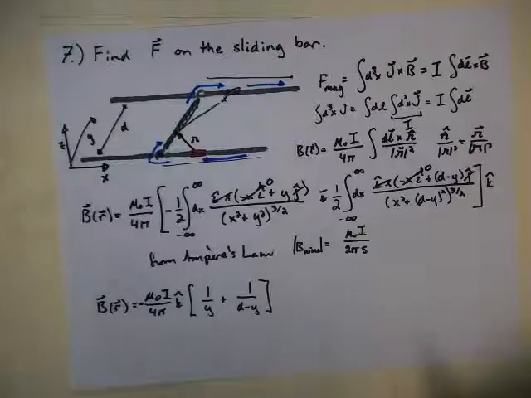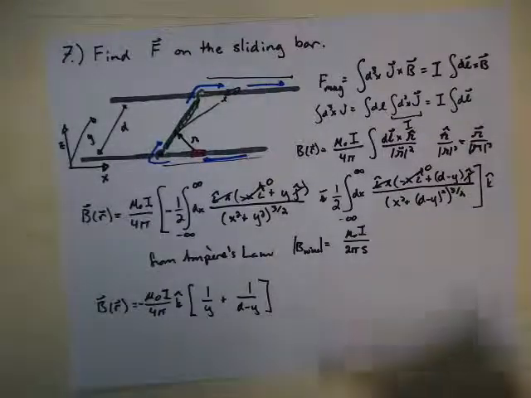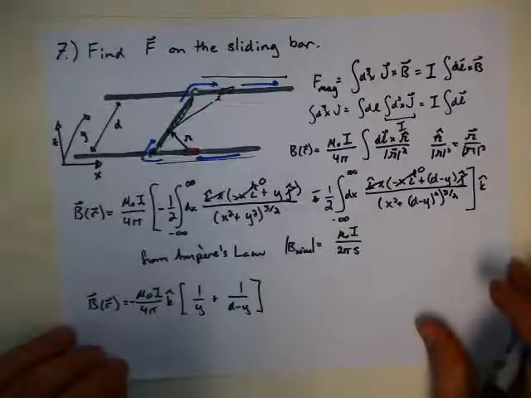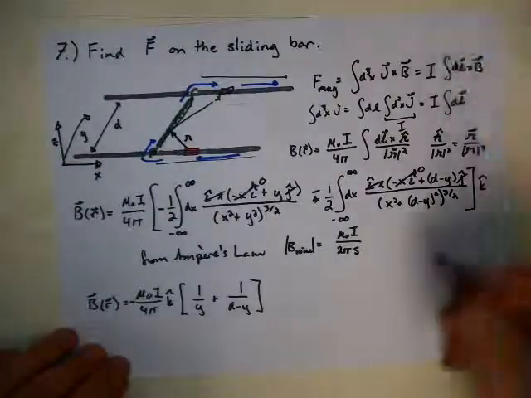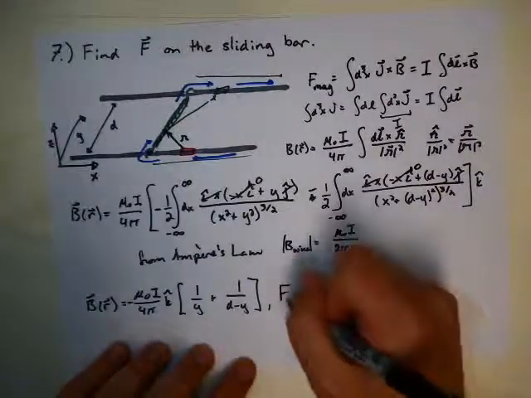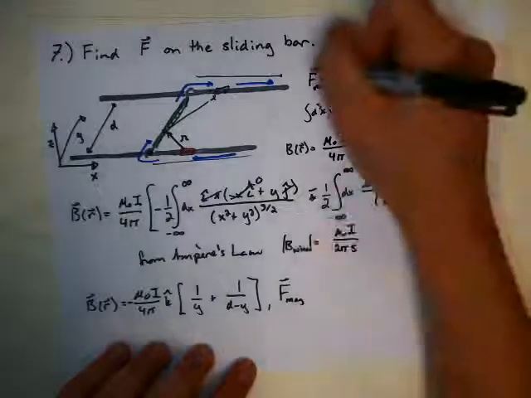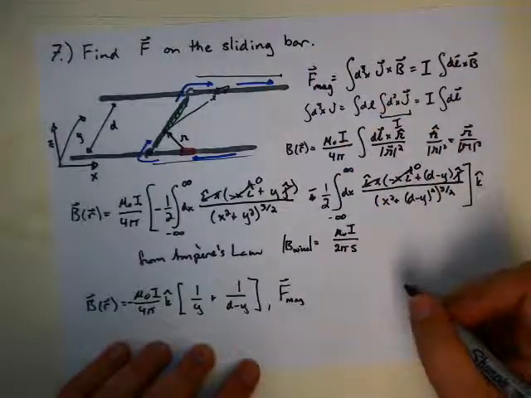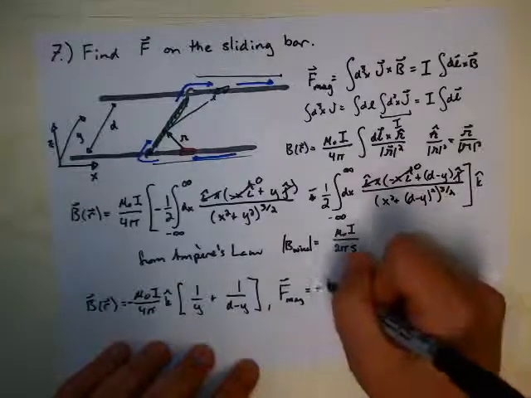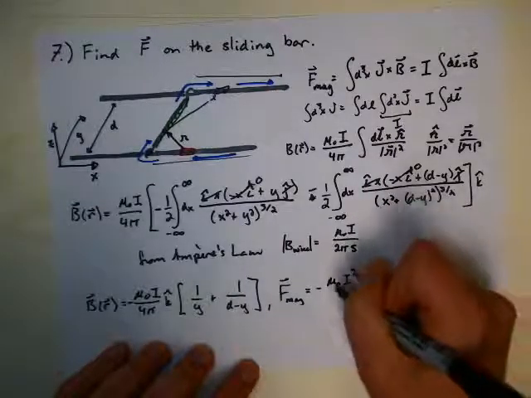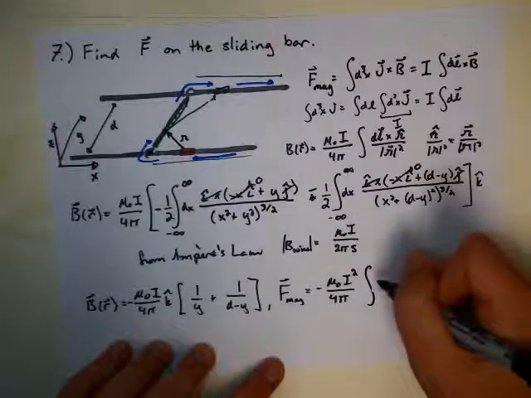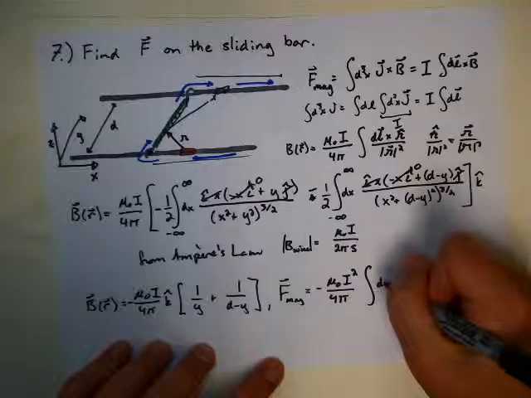And so I can evaluate these integrals, but because of symmetry, I don't have to, and it's much easier to do this. Okay, so now we have B. We just need to plug it in to the force equation to find F. And so that says that the magnetic force is going to be I L, so this is going to be minus mu naught I squared over 4 pi, then we're going to integrate over L. The L is going to be dy.